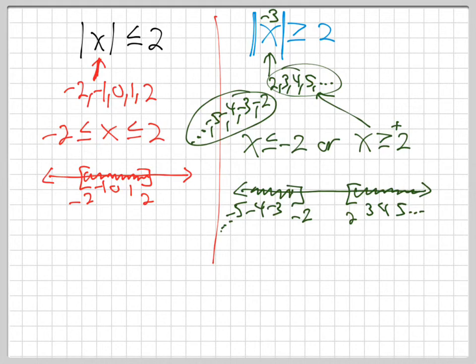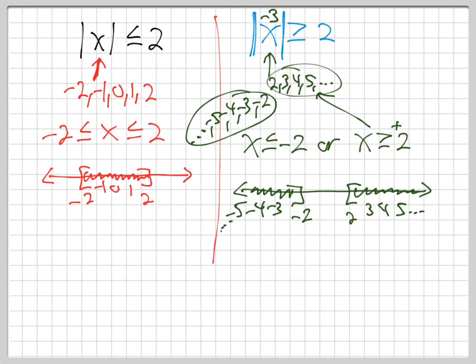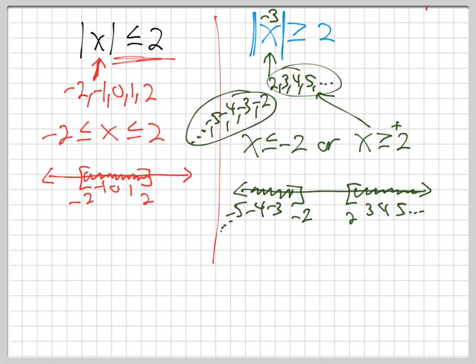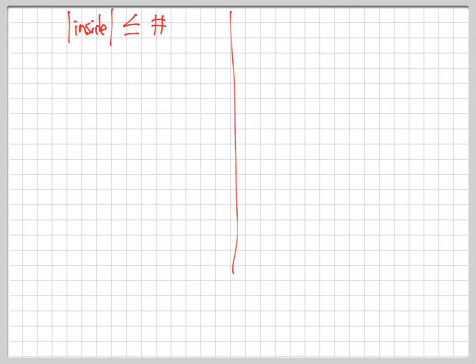Okay, so if that's the case, that leads us to 2 general game plans, and that is the following. If you have absolute value of some inside, what was the left side? Less than or equal to a number. What should you do logically? Well, what happened over here? So you should put the inside with a couple of symbols this way, right?